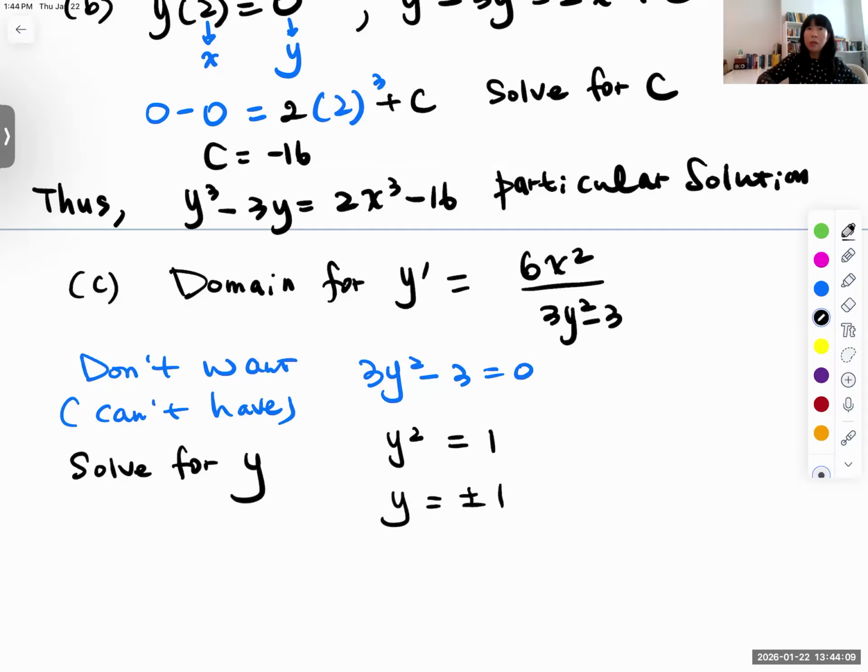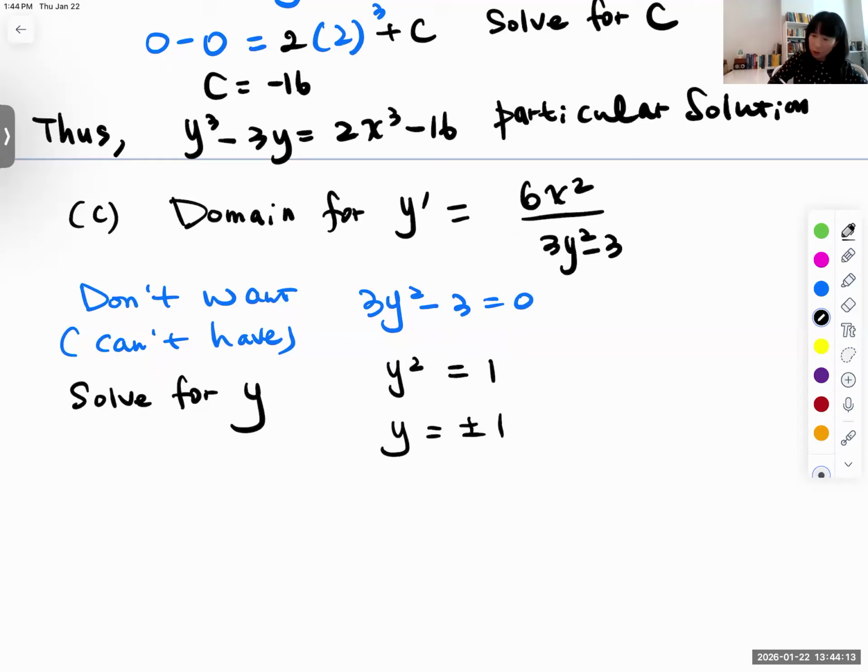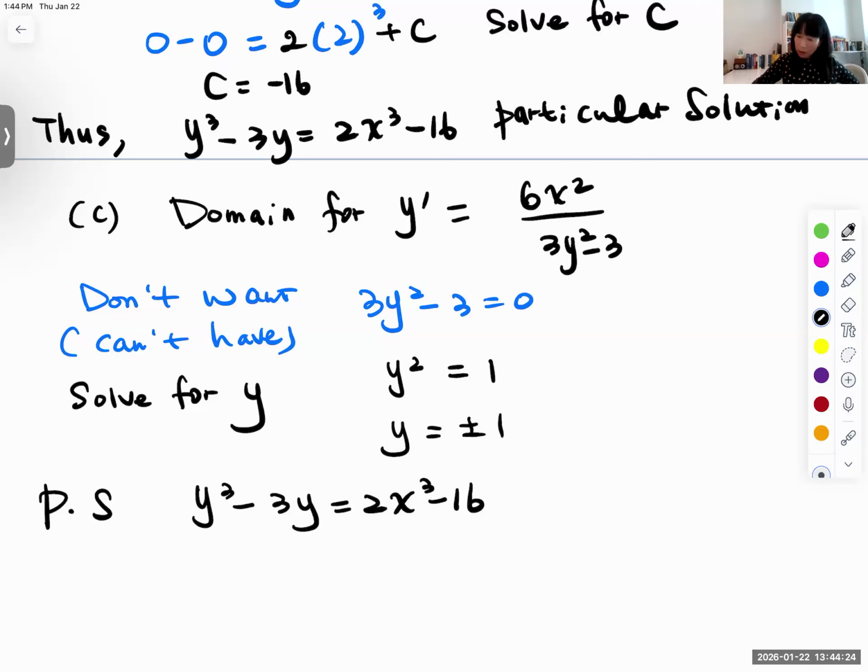Yeah. Okay. Now, we have particular solution, right? Y to the third power negative 3y equal to 2x to the third power negative 16. When we don't want that, right? We don't want when y equal to positive 1, negative 1, right? So when positive 1, negative 1, what's the such x? We don't want that, right?